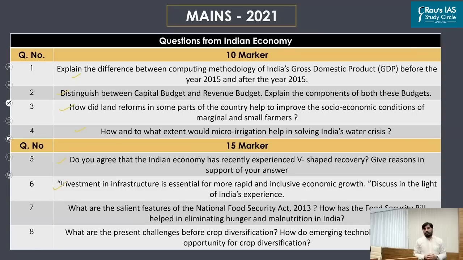The government has launched a number of initiatives such as the National Infrastructure Pipeline, a Development Bank in the form of the National Bank for Financing Infrastructure Development, the Gati Shakti Master Plan, the National Monetization Pipeline, and so on. So it is against this backdrop that this question was asked.